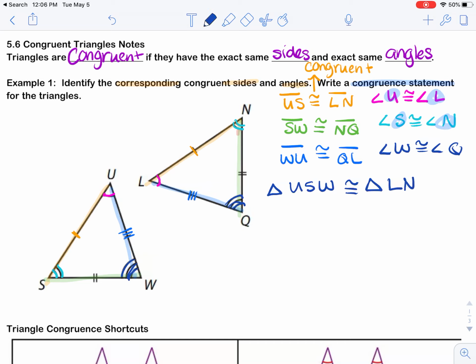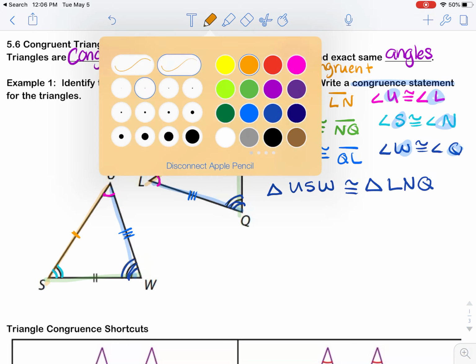You should see N. And then the last one, W, goes with Q. So this is an example of a congruent statement. There are actually a few other ways you can write this, but as long as the corresponding pieces are matching up, we are good to go.